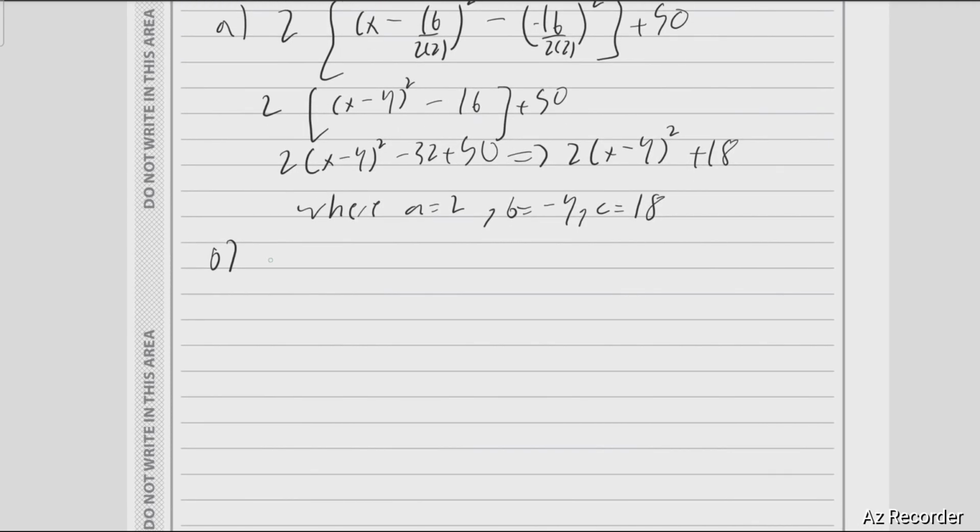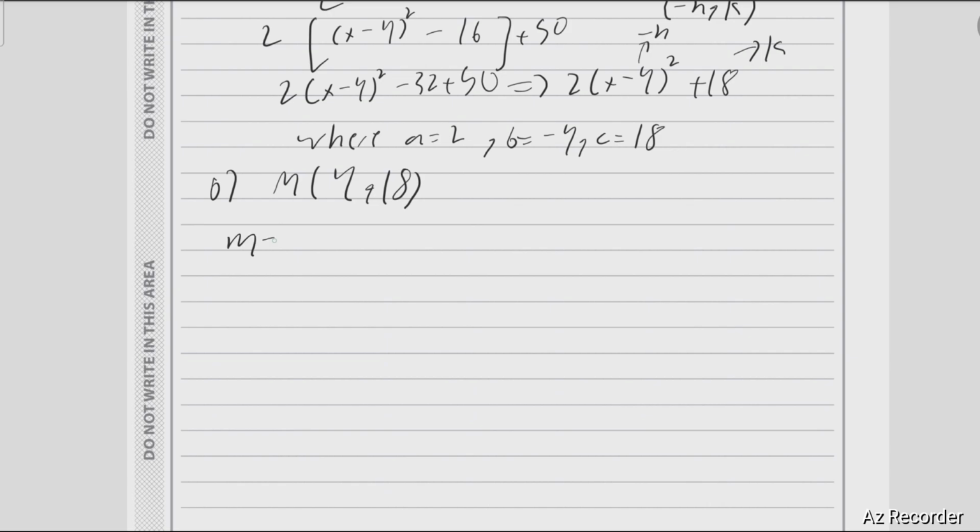So we know that the minimum point is (4, 18), because in completing the square it's negative h and k, where this is k, this is negative h, or 4.